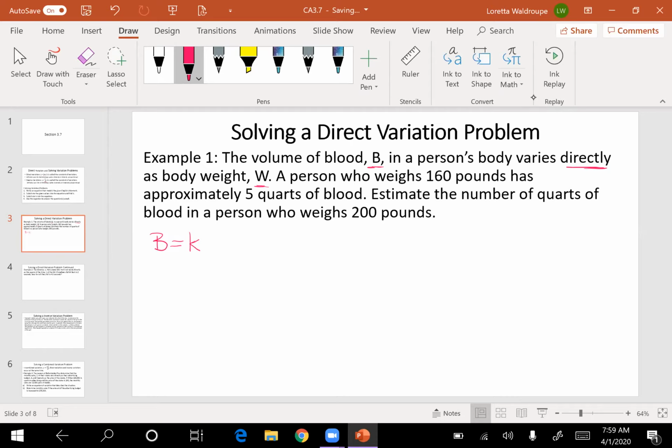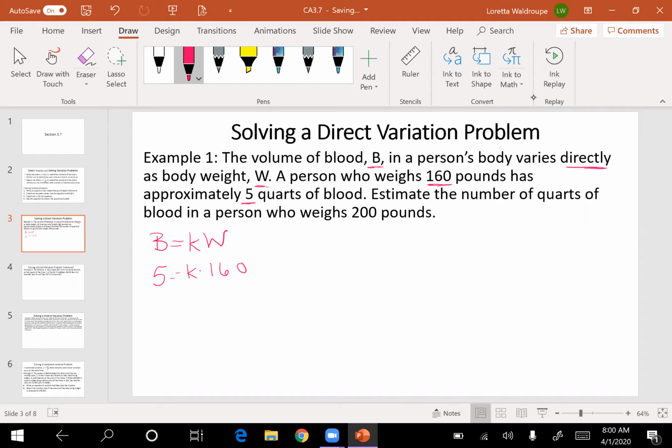Directly means I multiply by W, the person's weight. A person who weighs 160 pounds has 5 quarts of blood. Weight is 160, so I know that's my W, and I don't have to wonder which one is X and which is Y. Has 5 quarts of blood.